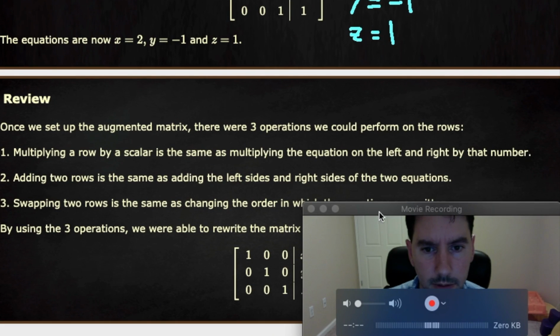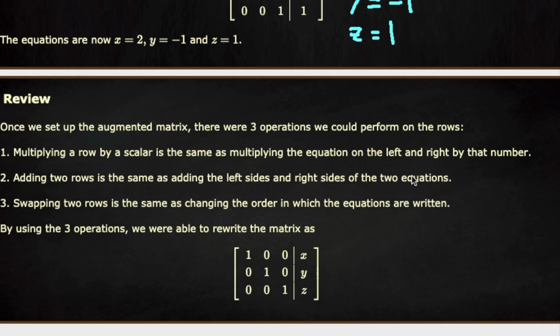And in review here, let me move myself off the screen. So we set up an augmented matrix, and then we could do 3 operations. We could multiply by a scalar, which is the same thing as taking an equation and multiplying by the same number on the left and right. We could add 2 rows together, which is the same as adding the left-hand sides of 2 of the equations and the right-hand sides of 2 of the equations together.